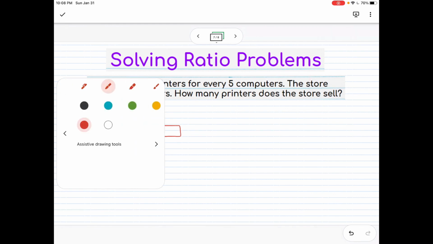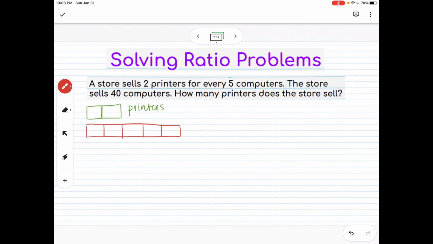That second one is going to represent computers. I'm just going to abbreviate. The store sells 40 computers. All right, so in this case, we are specifically talking about the computers. So we know we sell 40 computers, and we want to know how many printers are sold.